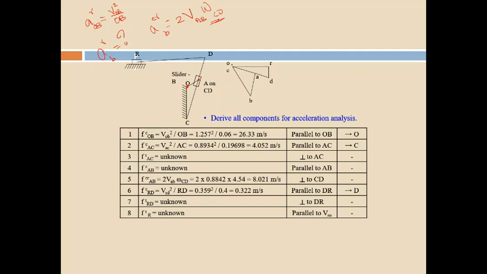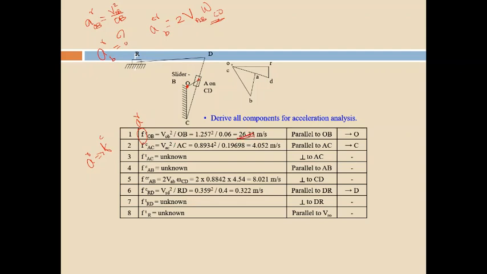Here they have given all the values. Instead of AR they have mentioned FC. We use the symbol A for acceleration, but here they have used F. Don't confuse with that. Instead of writing AR, they have written FC.